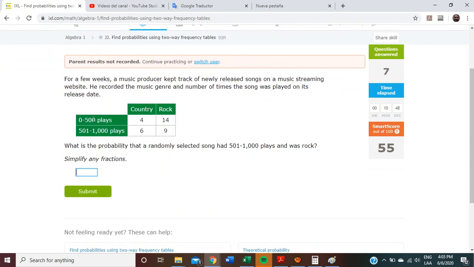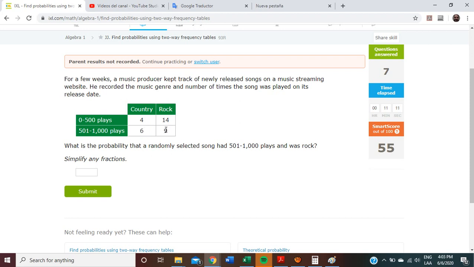Okay, we have this 0 to 500 and 501 to 1000. Country and rock. Okay, so the key words or the key items here is this one, 501 to 1000 right here. So one of these two is the answer, and we're looking for rock.